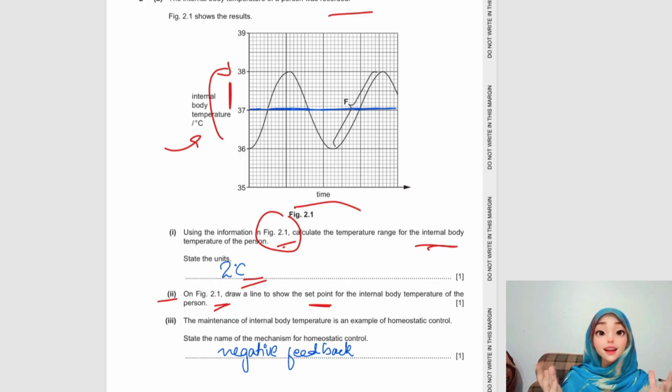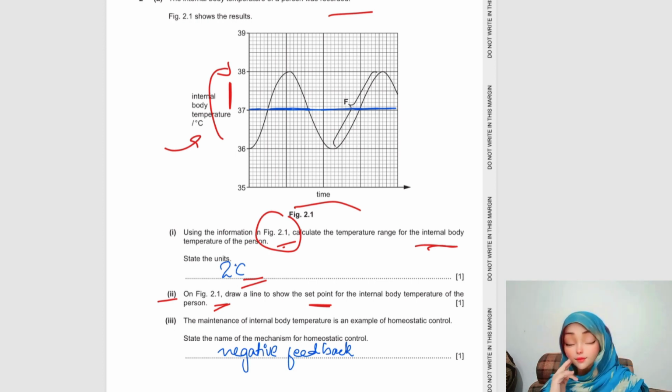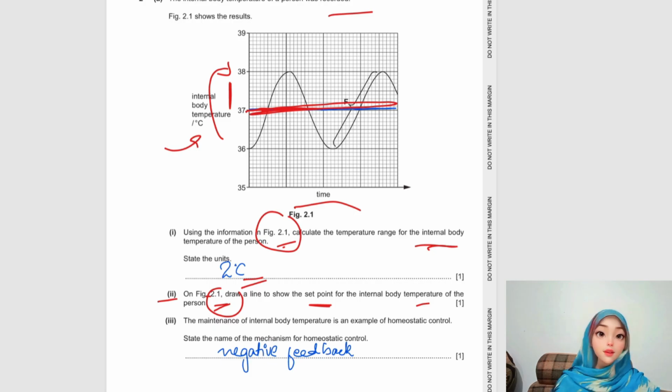You can just understand the question and write down the answer properly, then you can easily obtain a star in your IGCSE exams. So it's 37 here, the internal body temperature of the person. Here in figure 2.1 is the constant internal body temperature.